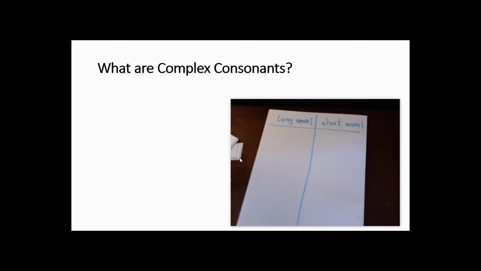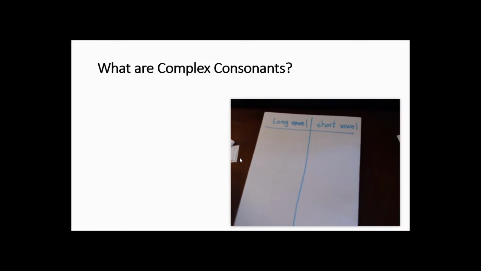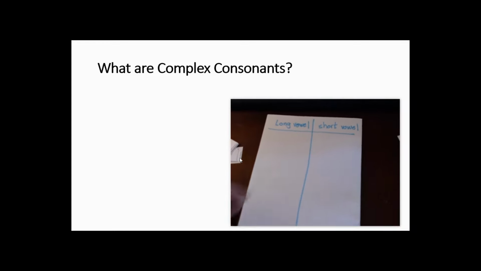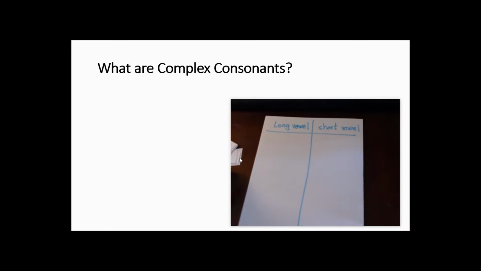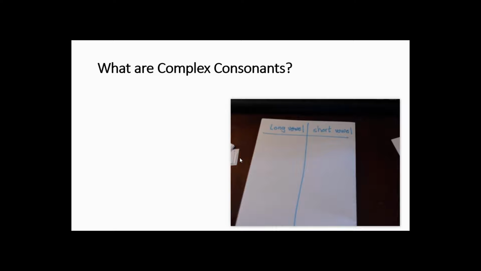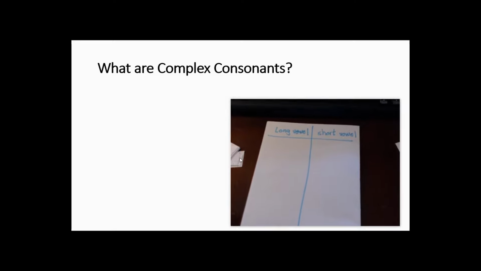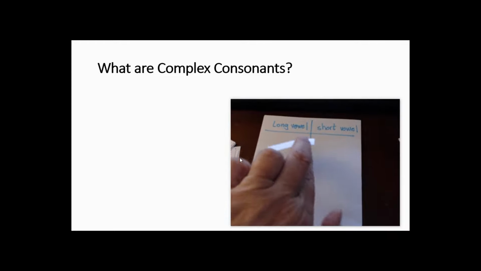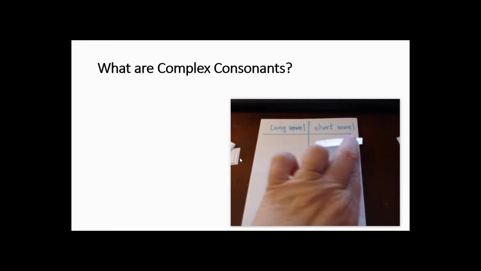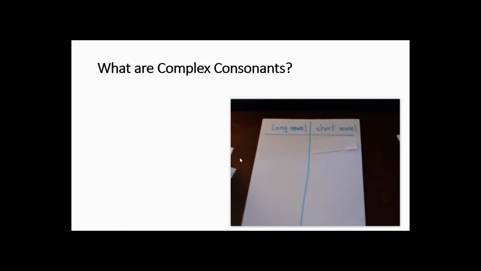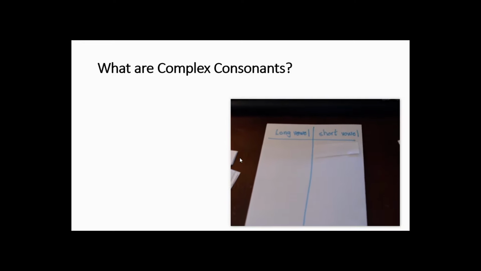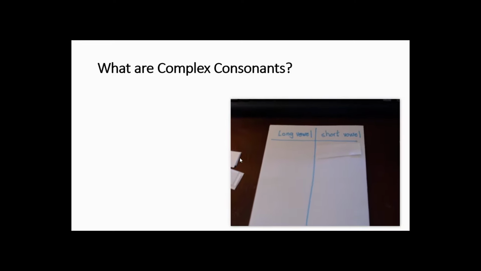I can say this because you are a within word stage speller, and you already know what long vowels and short vowels are by the time you're learning DGE. I'm going to read you a word, and you tell me if it has a long vowel or a short vowel. The word is edge. Does edge have a long vowel or a short vowel? Good, short vowel.